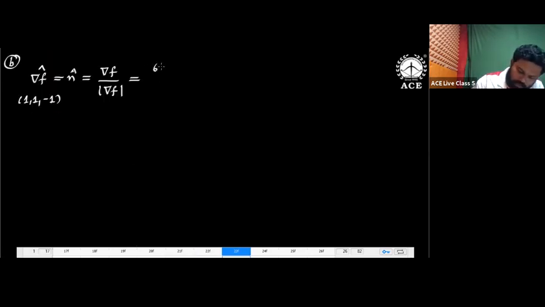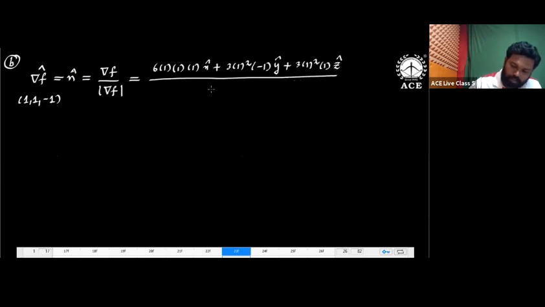So here it is 6 into 1 into 1 into x cap plus 3 into 1 square into minus 1 into y cap plus 3 into 1 square into 1 into z cap, divided by square root of 6 square plus minus 3 square plus 3 square. So how much is this?